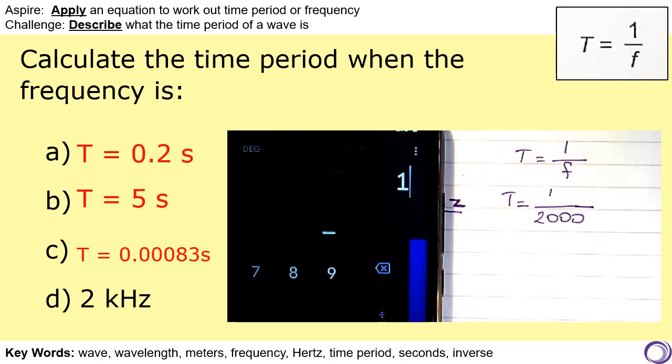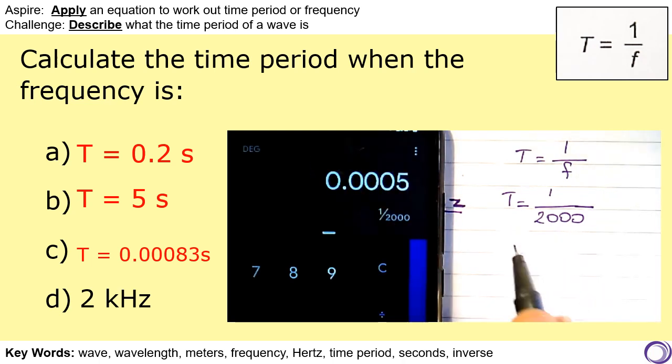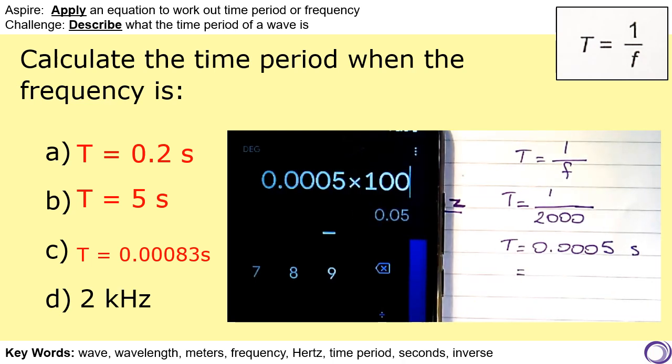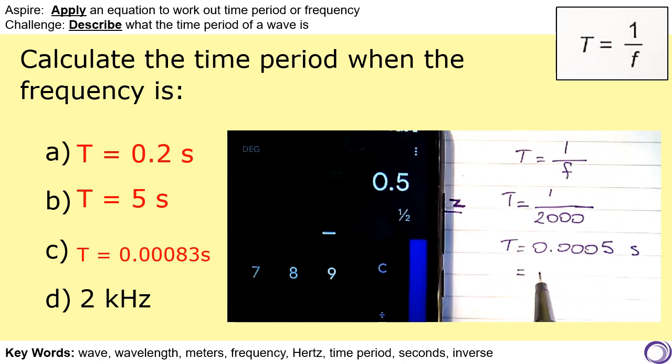I do 1 divided by 2,000 equals 0.0005, and the unit is seconds. So just as with the previous calculation, you could be asked to convert this into milliseconds in the exam, and if you did that, you just need to multiply by 1,000. So my time period would be 0.5 milliseconds.